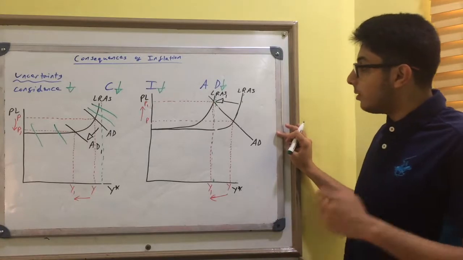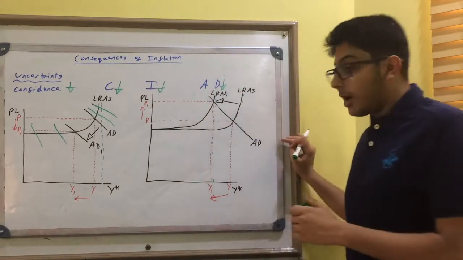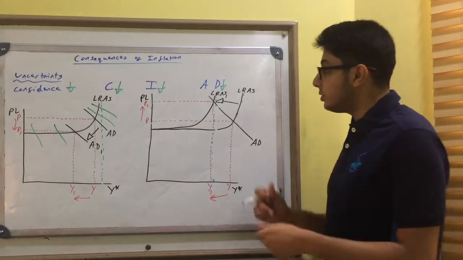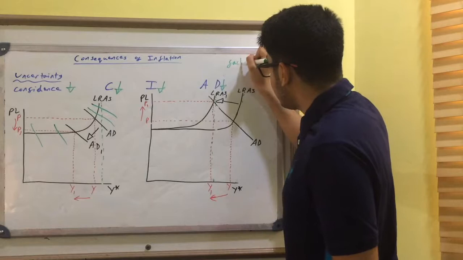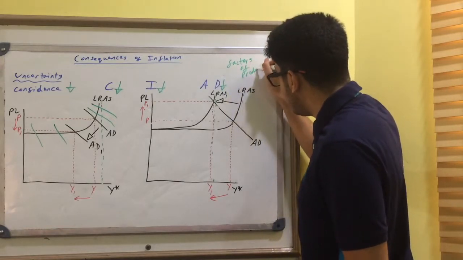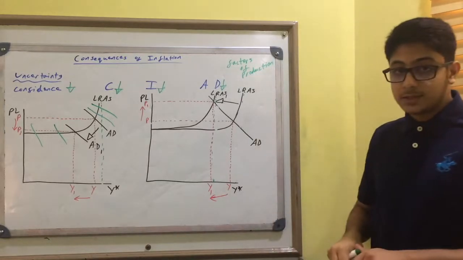Now, why does long-run aggregate supply shift to the left like this? Why does the potential output decrease? Well, that's all to do with the factors of production. Okay, land, labor, capital, enterprise.